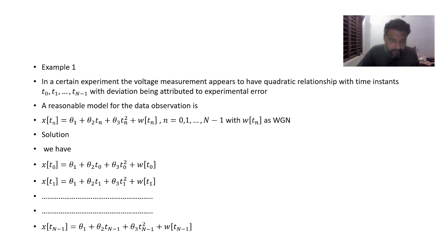That is x of t0, x of t1, up to x of tn minus 1 equal to the matrix with rows 1 t0 t0 square, 1 t1 t1 square, up to 1 tn minus 1 tn minus 1 square, times theta 1 theta 2 theta 3, plus w. Theta is the unknown parameter that has to be estimated.